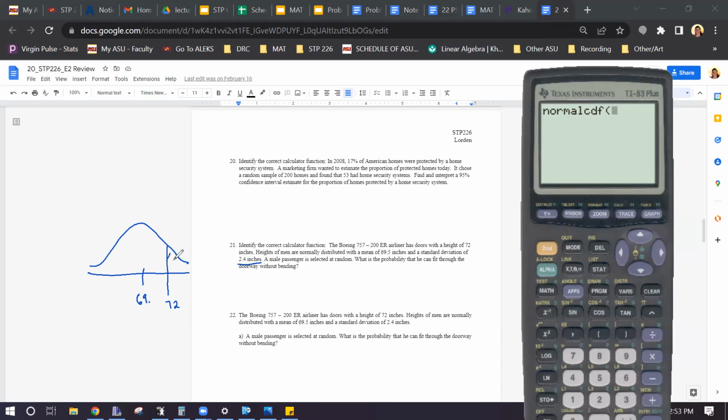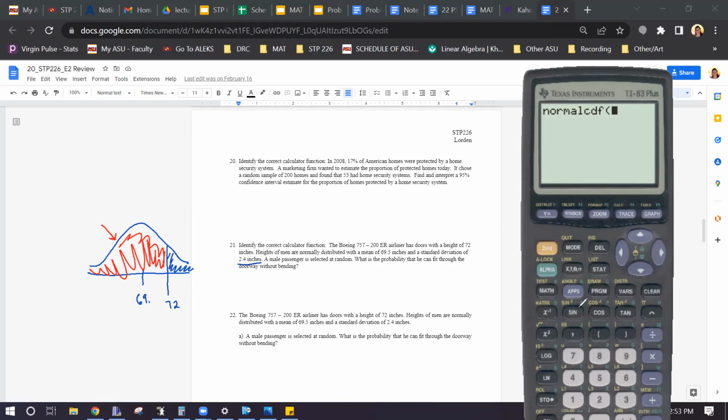So they'd be able to fit through the door if they're in this area. If they're taller than that, they wouldn't be able to fit through. So the probability that they can fit through the door would be everyone shorter than the door, over here. So this in red here would be my answer.